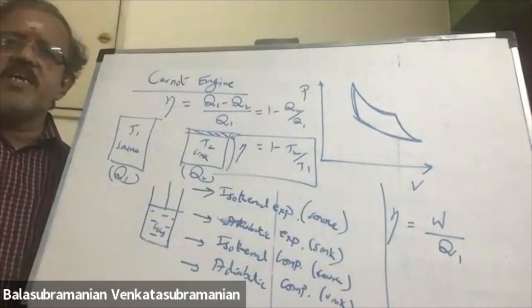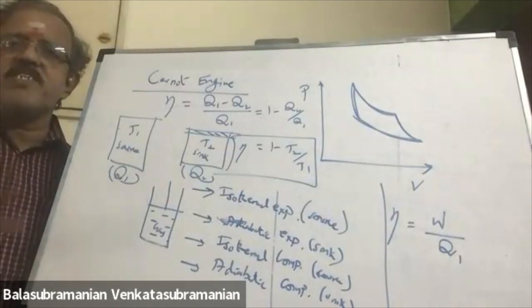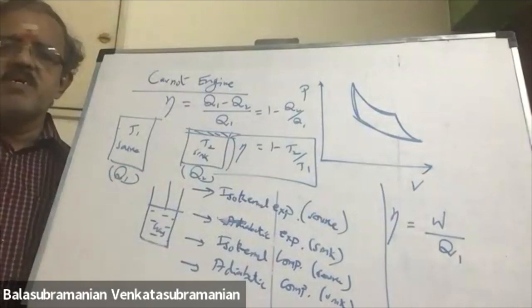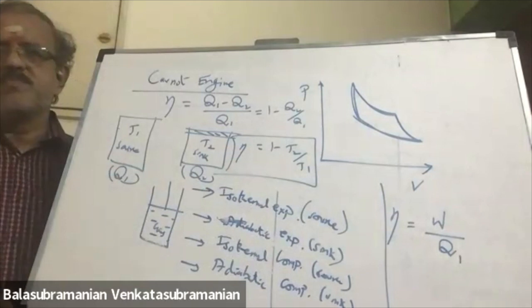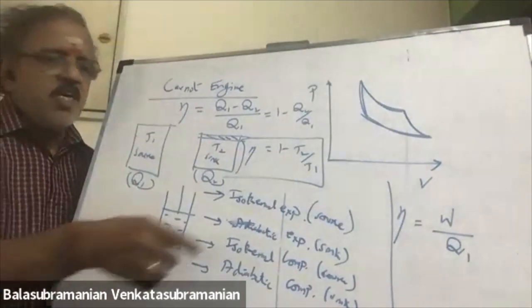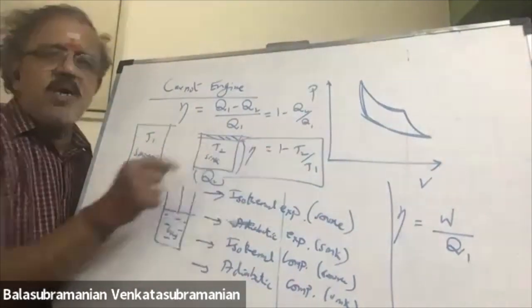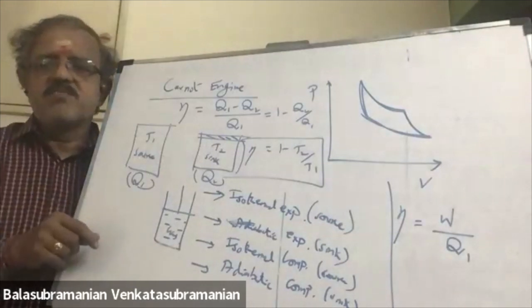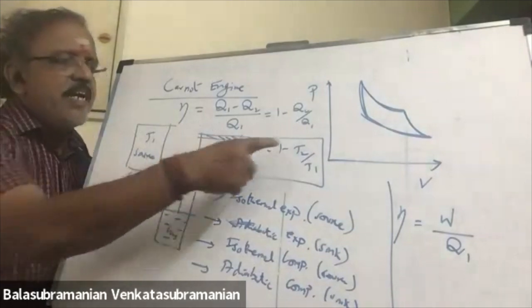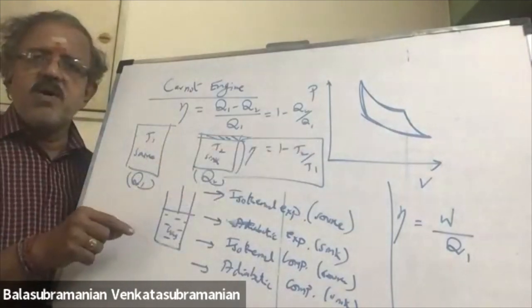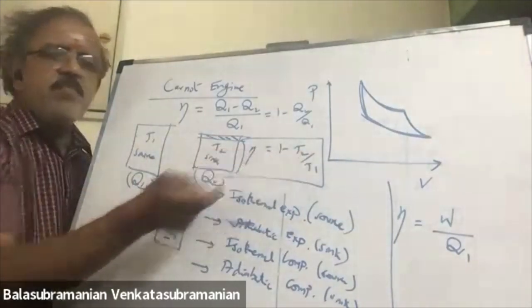For any heat engine, 100% efficiency is not possible. So for a Carnot engine also, 100% efficiency is impossible. How, sir? If you take eta equal to 1, that is 100%. When eta becomes 1, T2 can be 0 or T1 can be infinity.